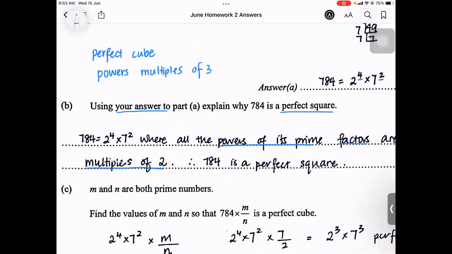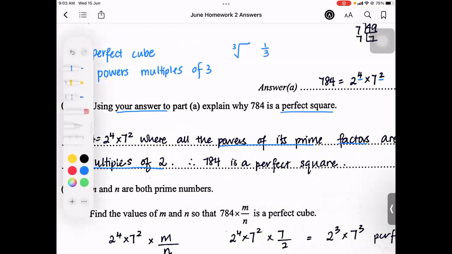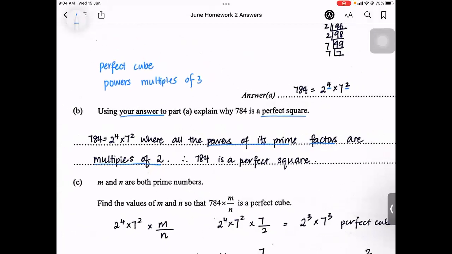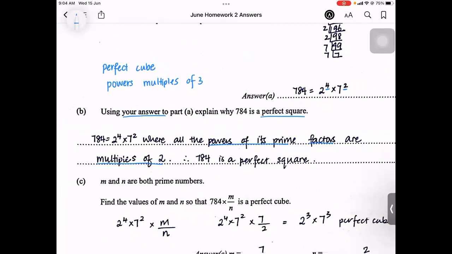Because when we take cube root, there'll be power 1/3. That means all the powers need to be divisible by 3, hence they are all multiples of 3. So for this, only this answer is acceptable. All the other answers related to square root, because square root is a whole number, are not applicable.